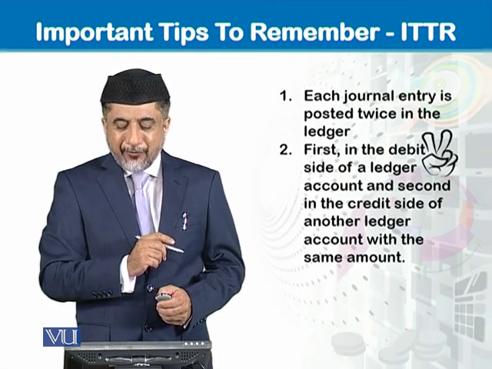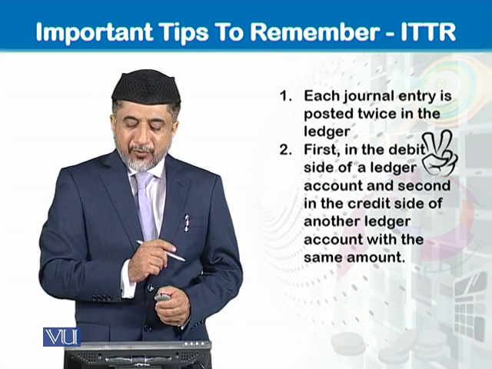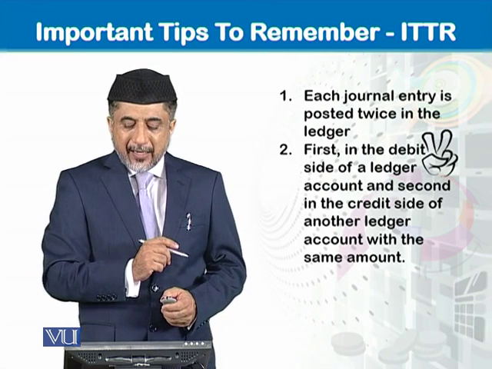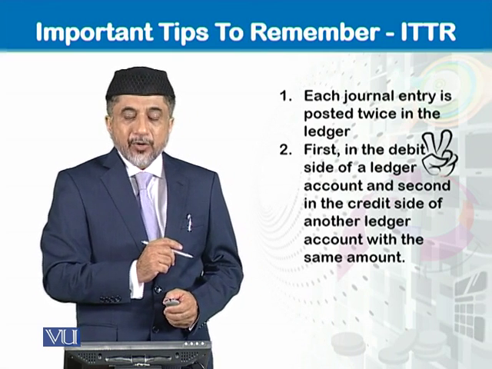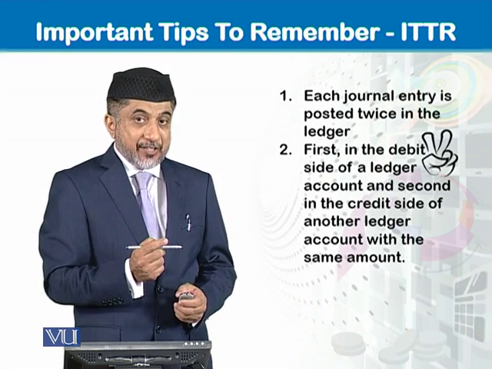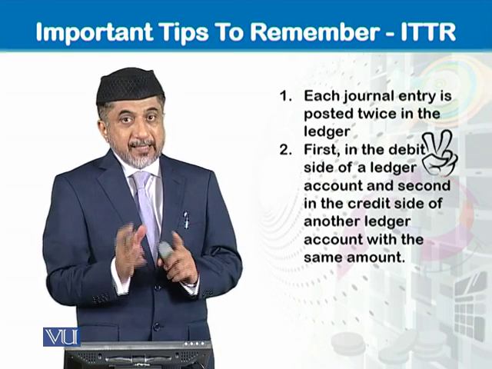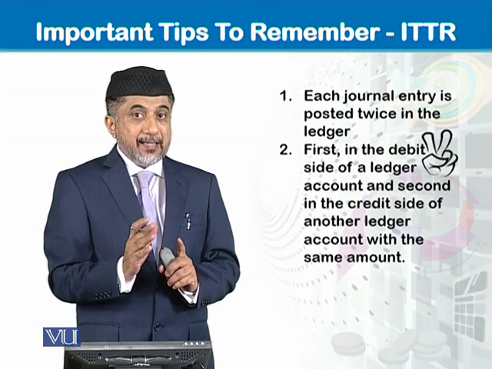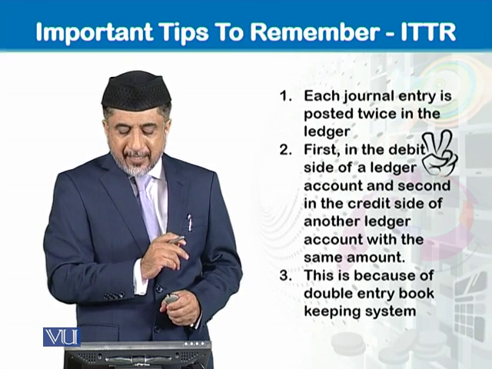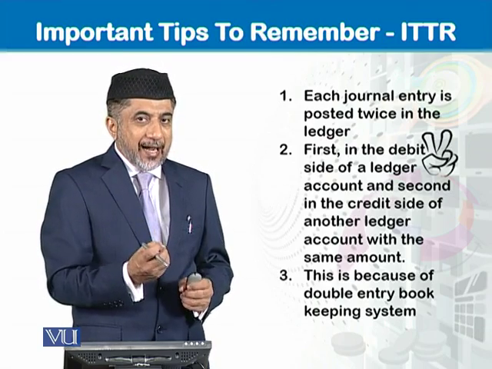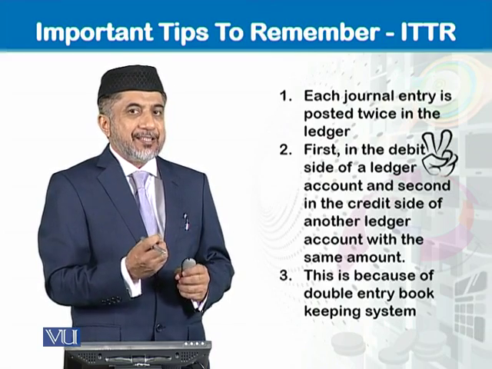Second thing, first in the debit side of a ledger account and second in the credit side of another ledger account with the same amount. These are the effects. The two effects, one in the debit and the second one would always be in the credit. And this is because of the double entry accounting system. Remember, we are learning the double entry accounting system.